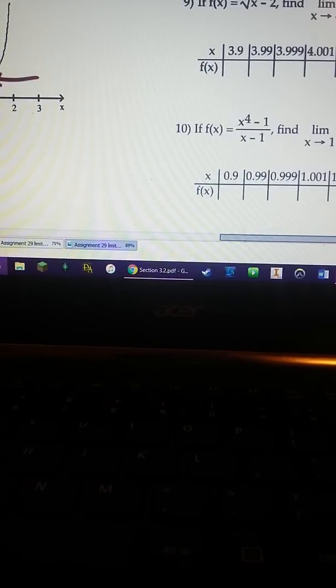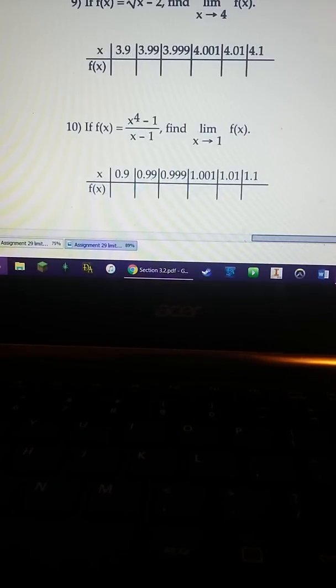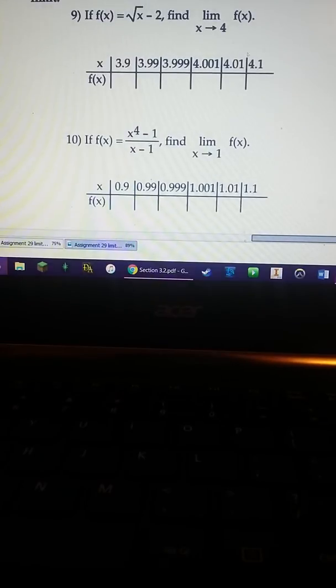Is that it right there? Yep, that's it. Okay. Complete the table and use the result to find the indicated limit. Oh, you guys can't see that. Leave that right here. Okay, so as x approaches 4, f of x is going to, I'd imagine, increase without bound. So I'm gonna plot this into my calculator.